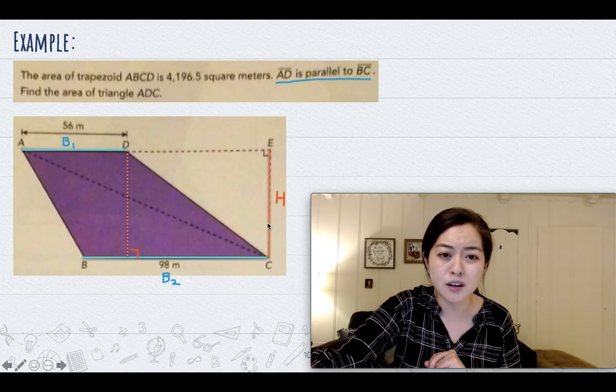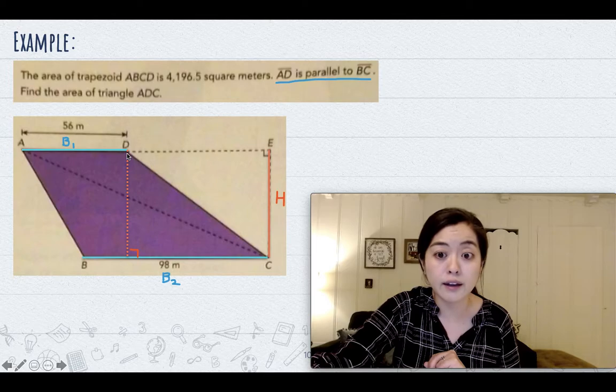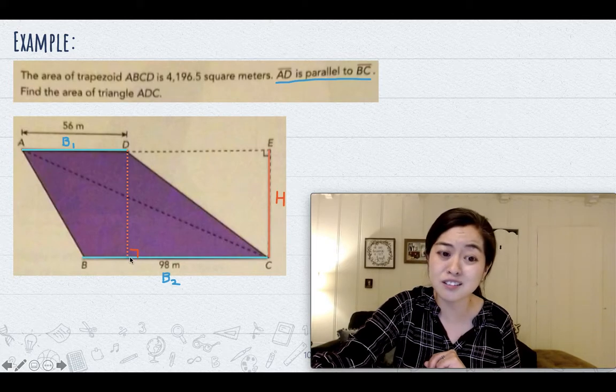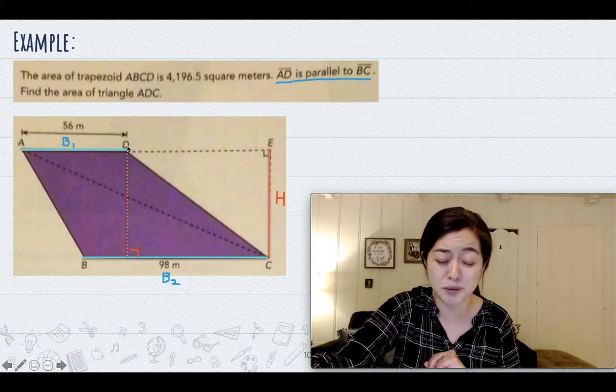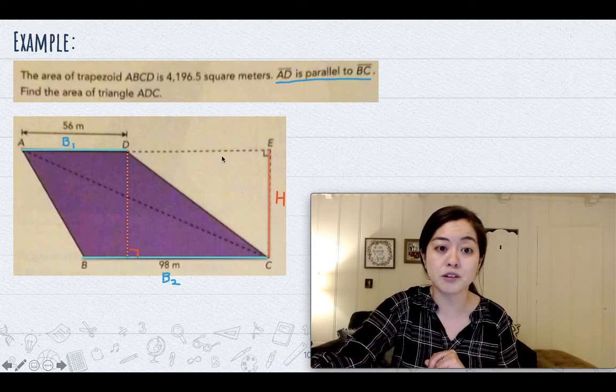If we move this height over here, you can tell it is the distance between the bases. And remember, the height has to be not only the distance between the bases, but it has to be perpendicular to the bases, which it is here, okay?